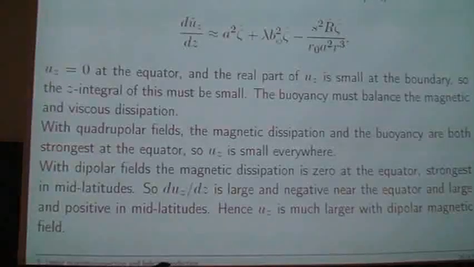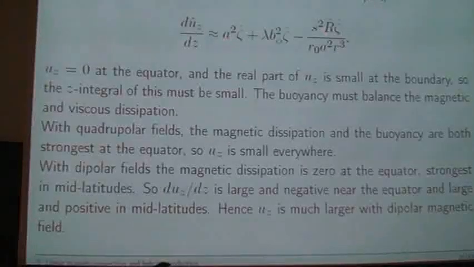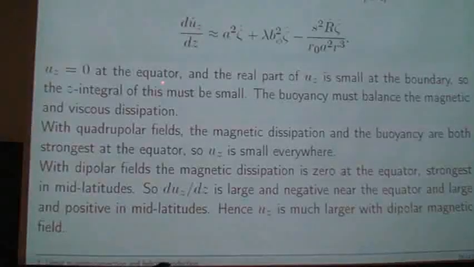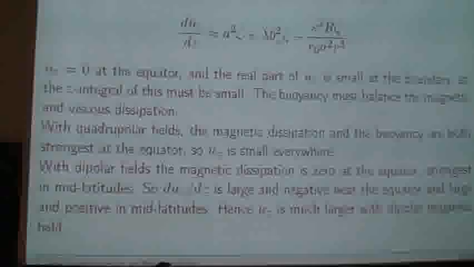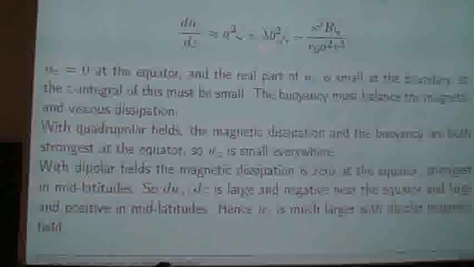Now, with quadrupolar fields, that gives you no problem, because this is more or less big where that is big, and that balances that, so that you end up with a dUZ/dZ which is small pretty well everywhere. But with a dipolar field, it's rather different. With a dipolar field, these two terms are located in very different regions.